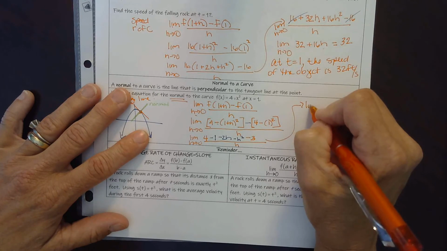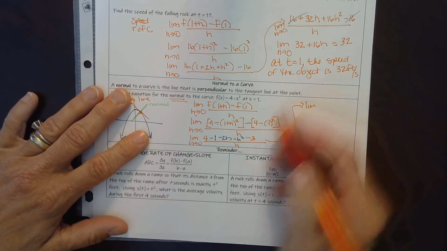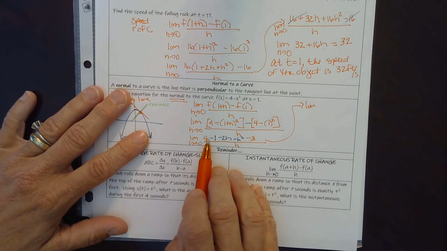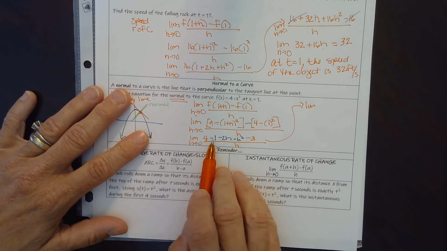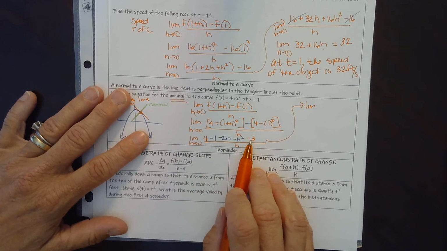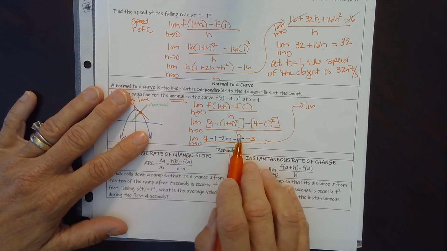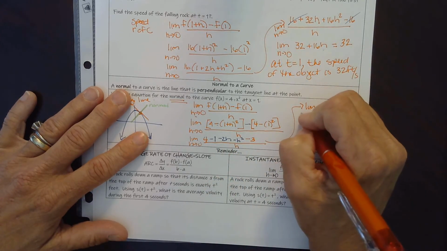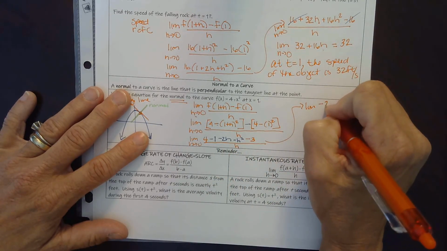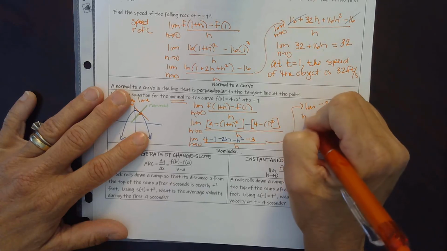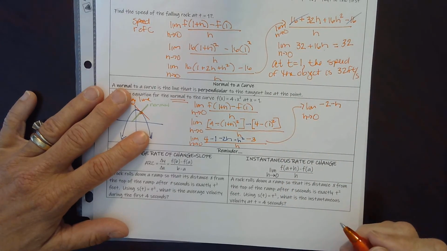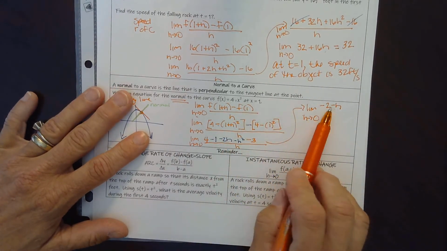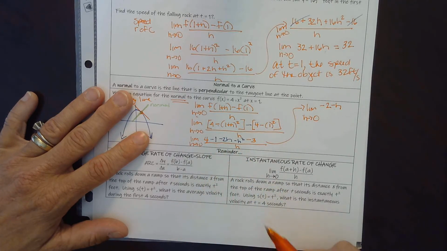So now we have the limit. Notice that we have 4 minus 1 is 3. 3 and the negative 3 will cancel. An h will cancel out of those. So what I have is the limit of negative 2 minus h as h approaches 0. That's what all of that cleans up to be.